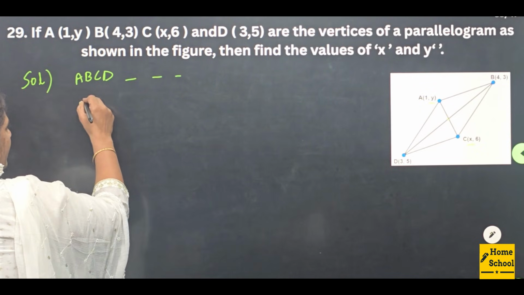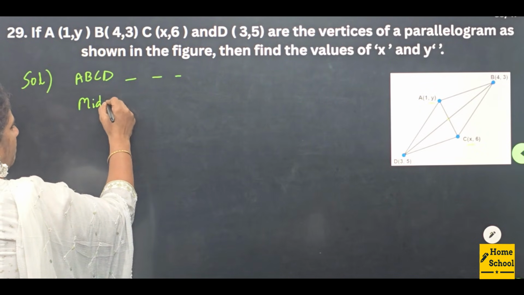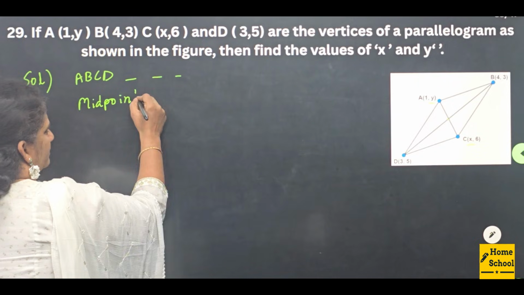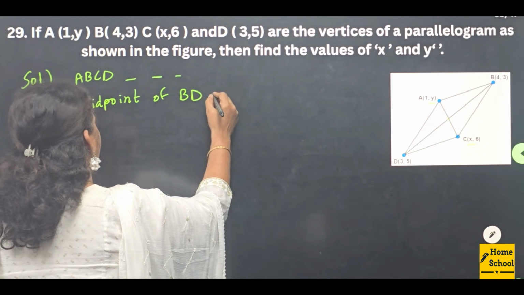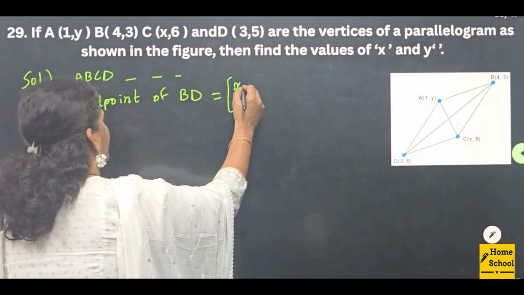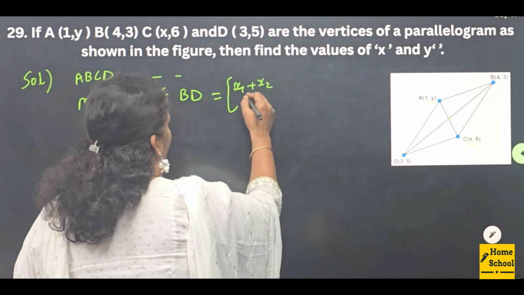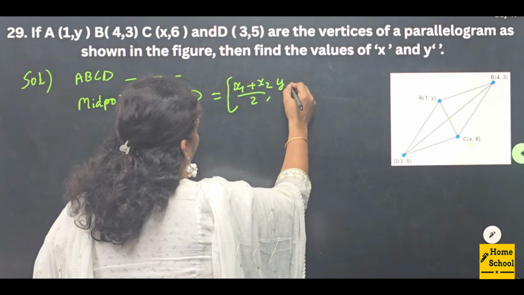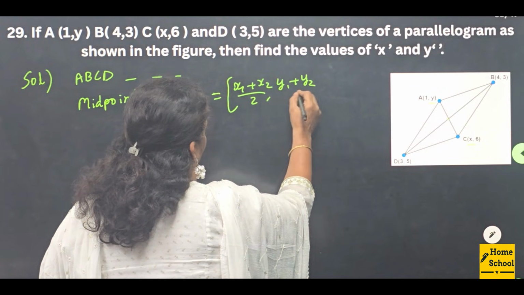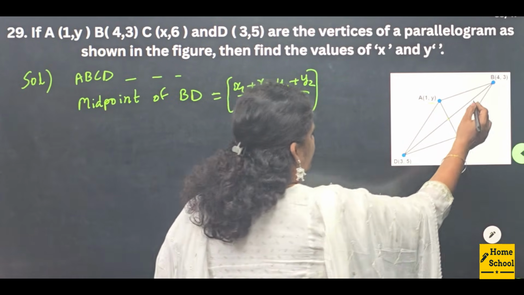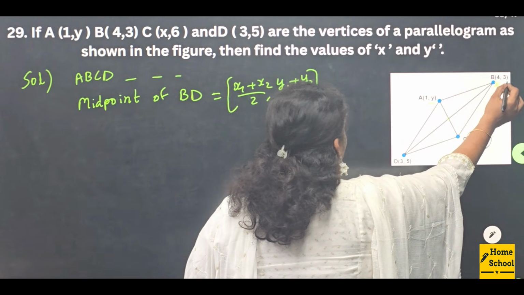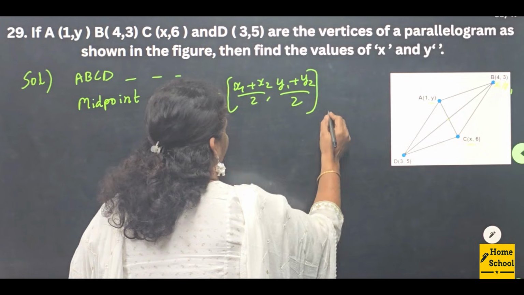Directly I am going to find the midpoint of BD. What is the midpoint of BD formula? (x1 plus x2) by 2, comma, (y1 plus y2) by 2. Now for BD, anything can be x1, y1 and x2, y2, or I'll write here.